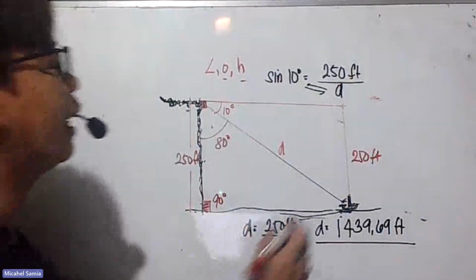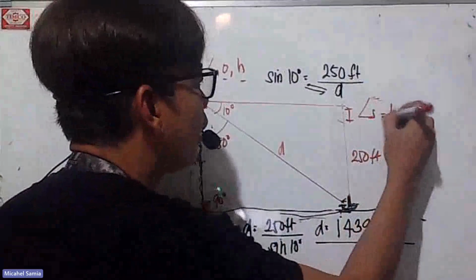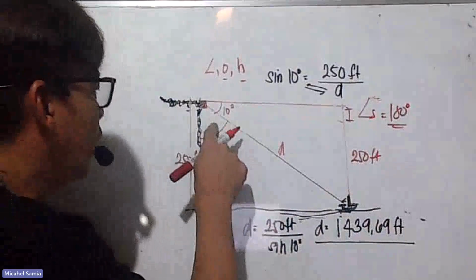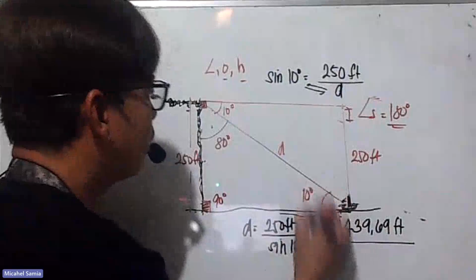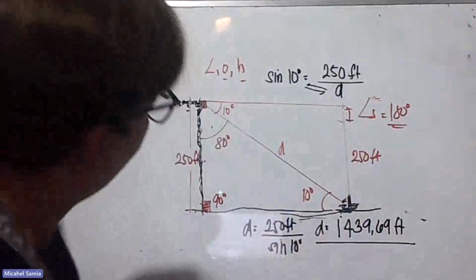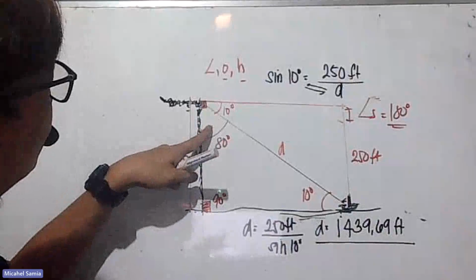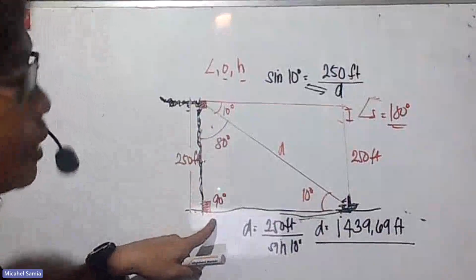We know that the internal angles of a triangle are equal to 180 degrees. So you have 80 there and 90 there, that is 170. That means this is 10 degrees. Let me repeat: if that is 10, therefore this is 90 degrees, so this is 80. We know that is 90, so 80 plus 90 is 170.